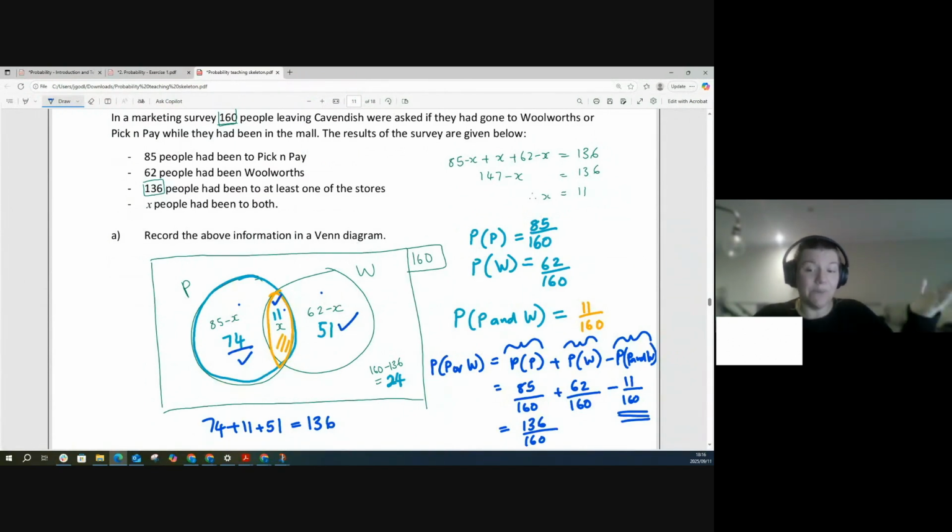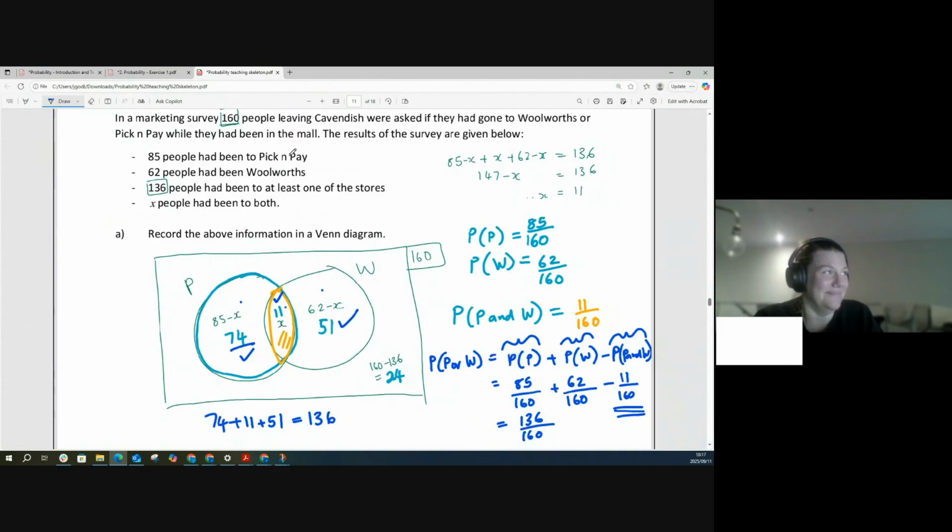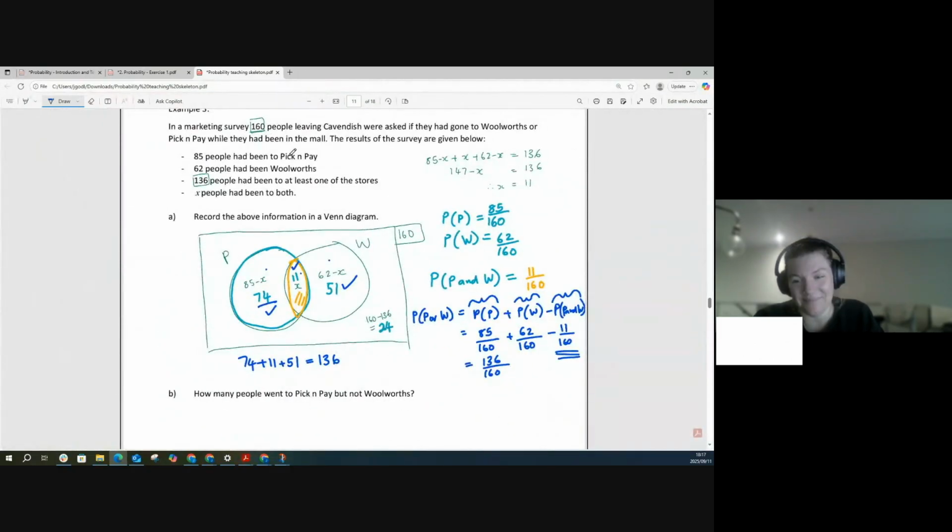And that's why we're subtracting it, so that we're not double counting it. Does that make a bit more sense? Do you hate it less? Good.